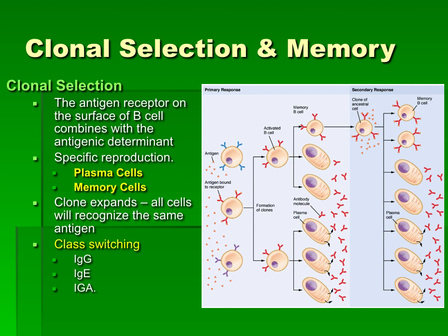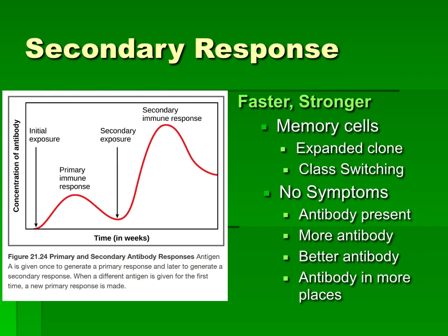And so that's part of that response getting better. So that secondary response in this graph, I've shown it before, and I talked about it when I talked about T cells, but it's specifically for antibody-related immunity. It's the memory cells in the secondary response that make the response faster and stronger.